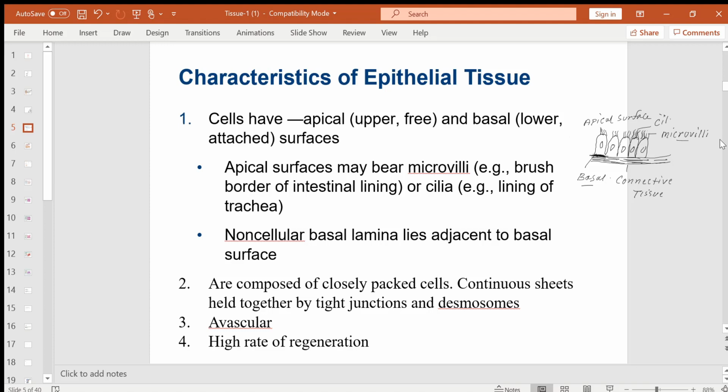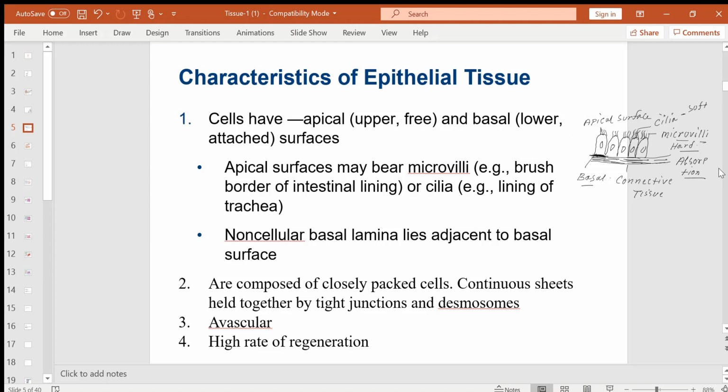So the difference between cilia and microvilli is that cilia are soft and can move easily, and microvilli are hard and form a brush border. Microvilli are mainly responsible for absorption, helping in absorption of nutrients from the intestine.